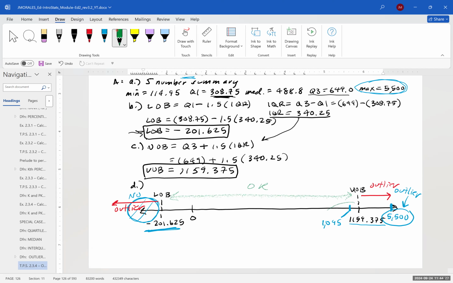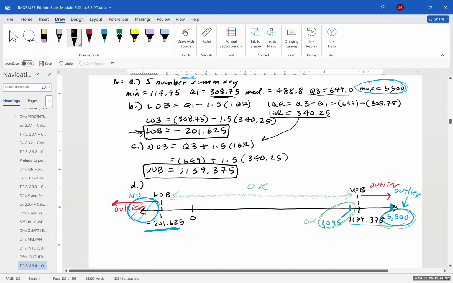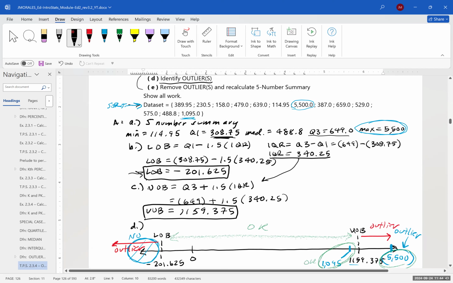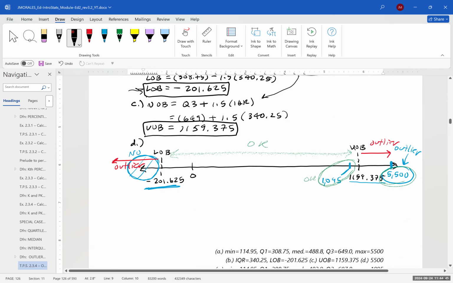So this value of 1,095 is in between our upper and lower outlier boundaries. So that is okay. So this value here is the only outlier that we've got. So that is our identified outlier. It's 5,500. So part E is to remove it and recalculate the 5-number summary.